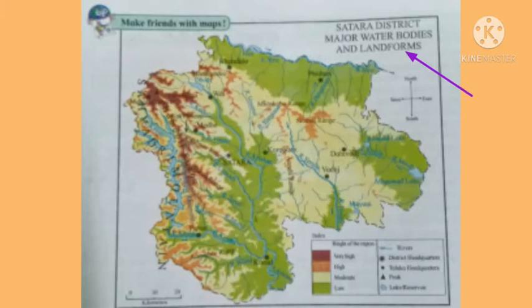So through this map study we are going to learn how the physiographic structure of a land or a region is affecting the transportation. If you are observing this map, we can see that the western part of the Satara district is occupied by the Sahyadris and its offshoots and its elevation is higher. It is comparatively the higher place.